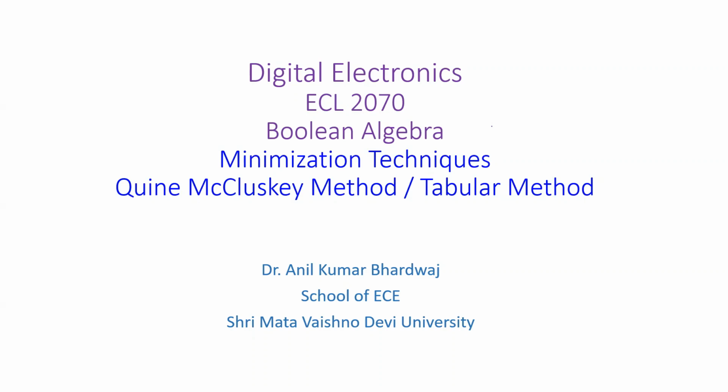So to get rid of that, what is being done? Some new methodology needs to be devised that can be used in computers. The Quine-McCluskey method is one amongst them, and I will be discussing it in the coming slides.